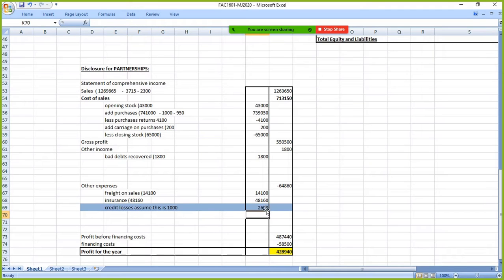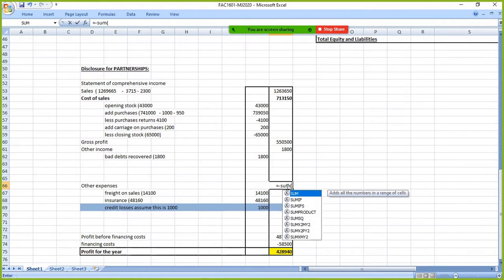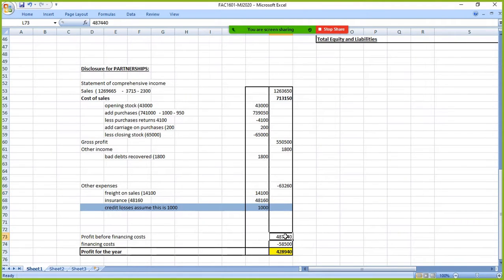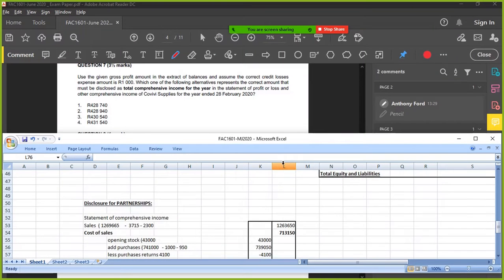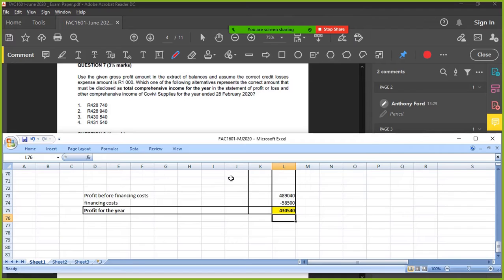Yes. So I make that 1,000. I do need formulas actually. Okay, so let's try that again. And then this plus that minus that gives you that. This plus that gives you that. So that's what I'm getting. So then I would go with option 3. Does that make sense?